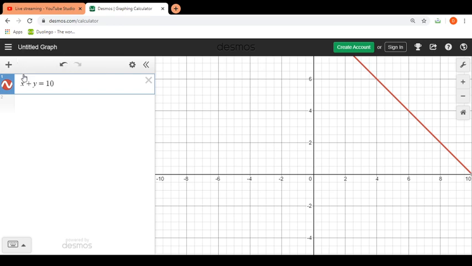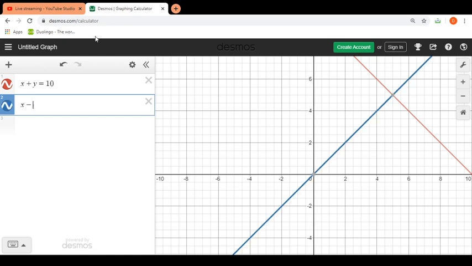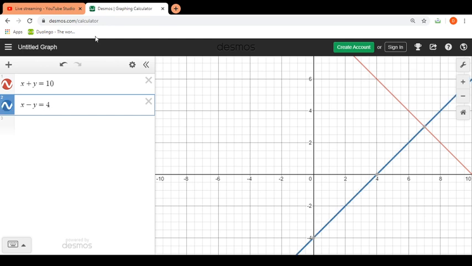We will draw another equation. Another equation is x minus y equal to 4. So there are two different lines, red and blue.